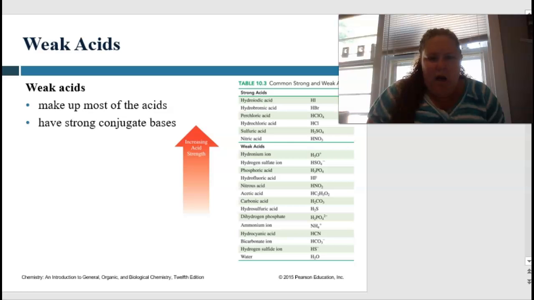Here is a table of weak acids. These make up most of the acids, and they have strong conjugate bases. Here are, again, the strong ones that we just talked about, and here's the list of weak ones.